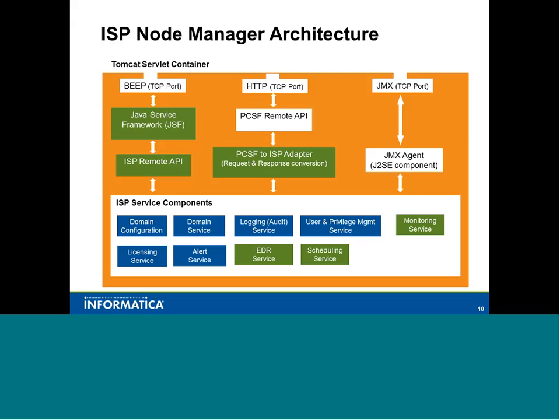All the new services will be communicating using the BIP JSF. For example, currently all the data quality services which I am aware of use this framework for communicating with the underlying ISP framework. If you look at the underlying framework which ISP itself gives, it is the domain configuration.